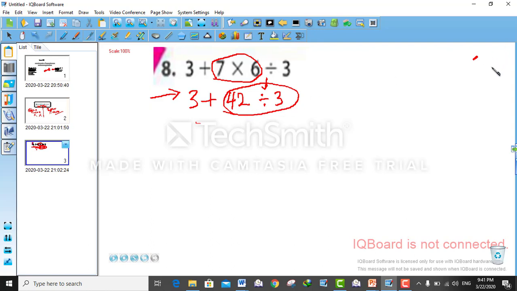42 divided by 3, you can calculate it by using long division, or if you can do it mentally, how many 3 in 42? You know that 3 times 10 is 30, so you can get it this way, 3 by 10, 3 by 11, till you reach 42, which is going to be 14.